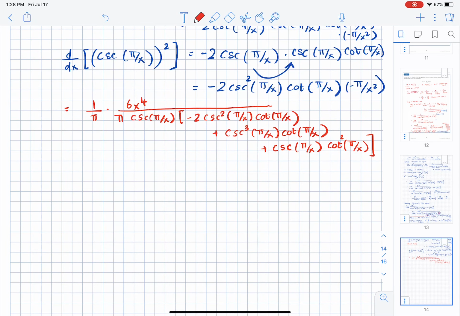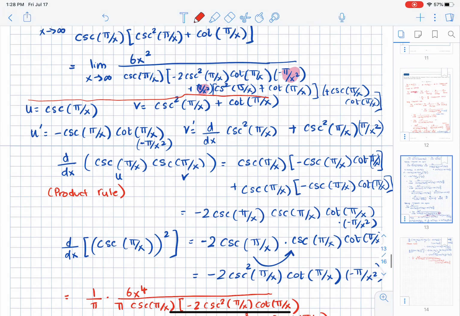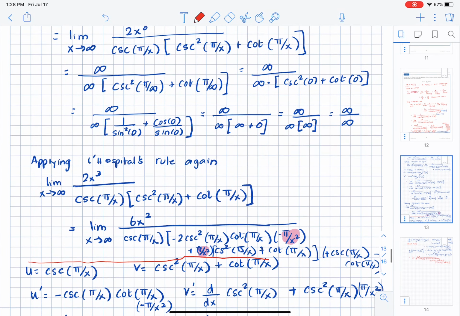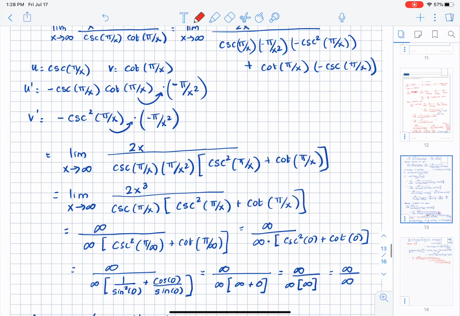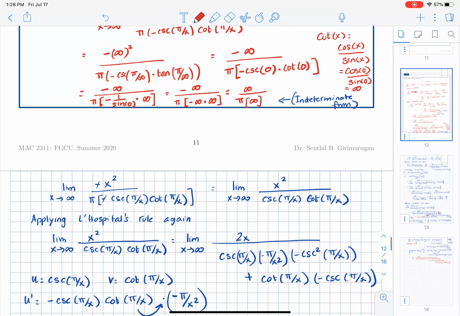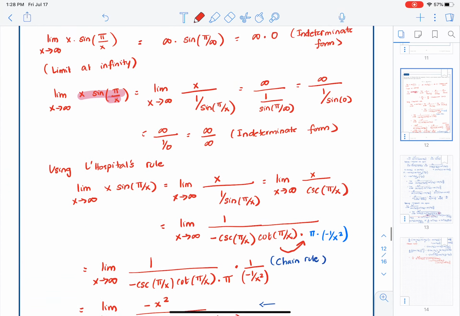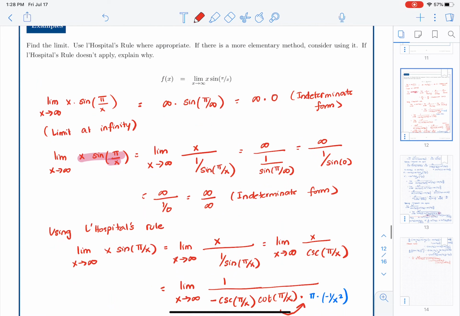So once you get this far, you have to stop and think, well, maybe there is something else that we are missing, because we keep applying L'Hopital's rule over and over again. So there has to be something else that we can do. Let's see if we can do something to get this right.